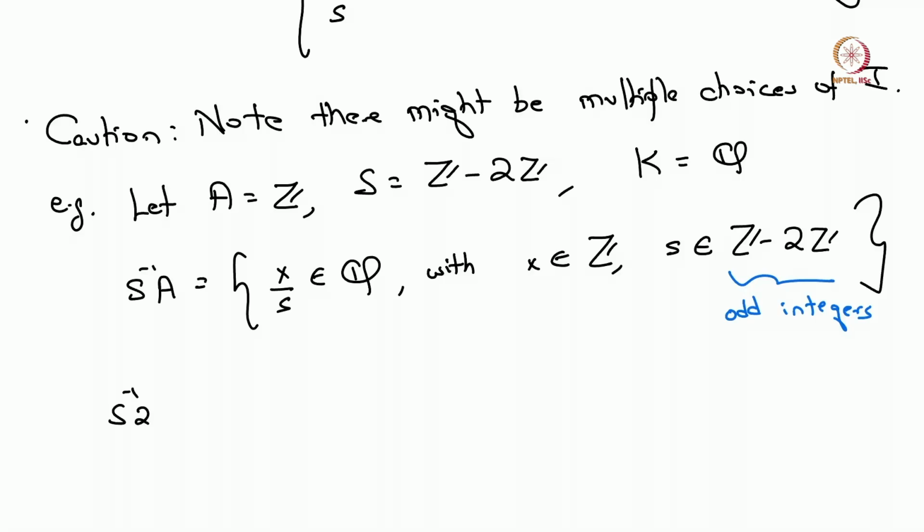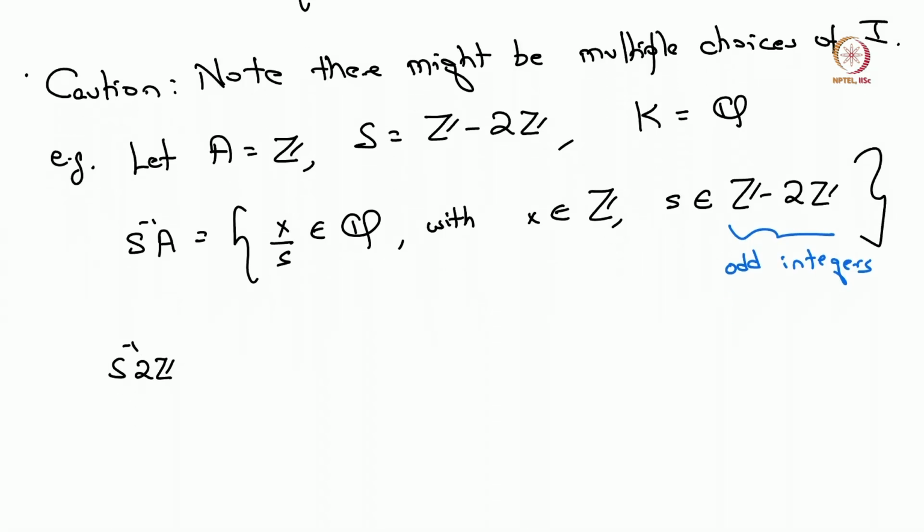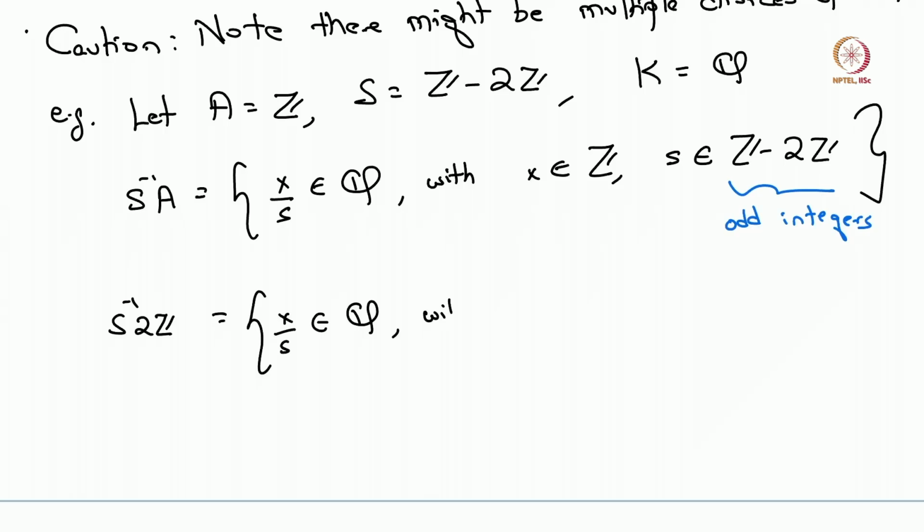Now you can try to localize 2Z, so you get all fractions with the property that the numerator x is even and the denominator is odd.